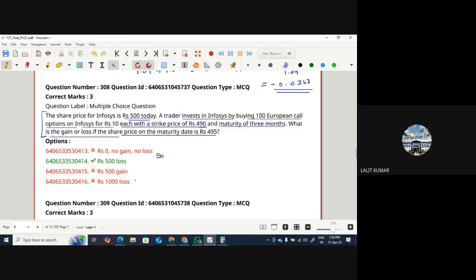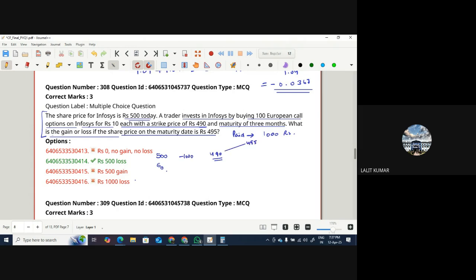So what has happened? The price was 500 at time zero. He has purchased 100 European calls for rupees 10 each. It means he has paid how much? He has paid 1,000 rupees. Now the strike price is 490 and the price has become 495.